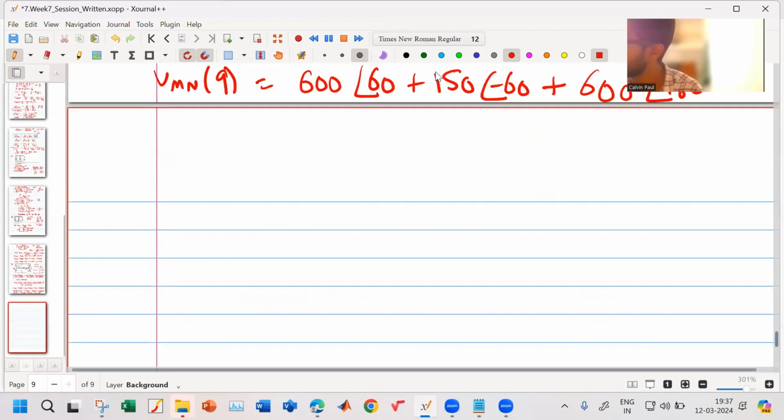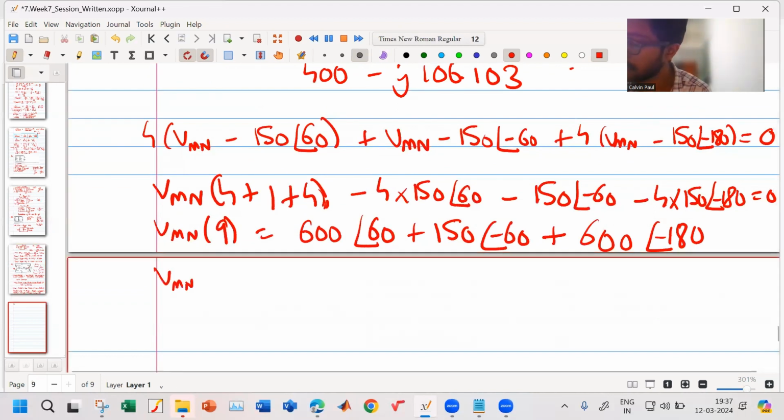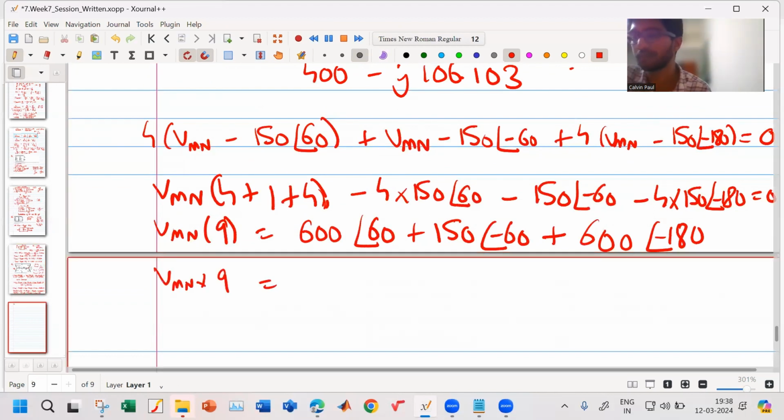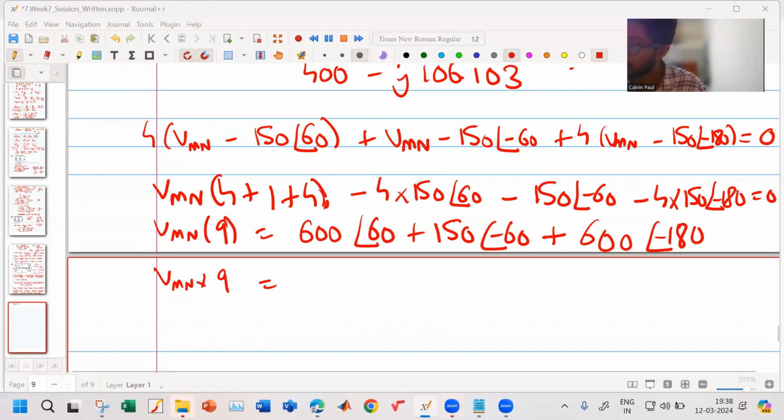So VMN into 9, what is the sum of all this? 450 at an angle 120.